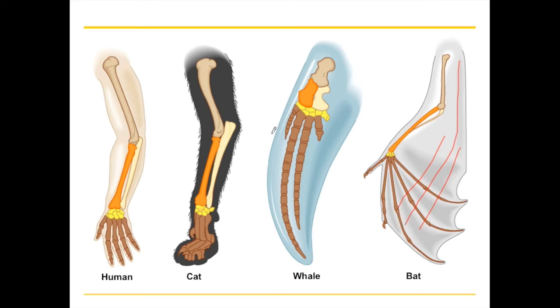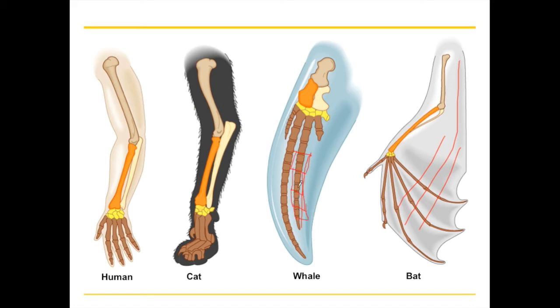Well, a whale doesn't need this. A whale also, as you can see here, has duplicated elements. So when this became important, those individuals that could have a longer set of fingers for swimming were the ones that were favored by natural selection. So you add these little elements.